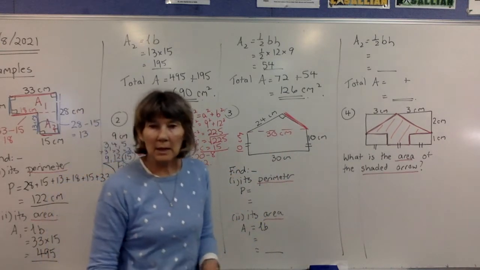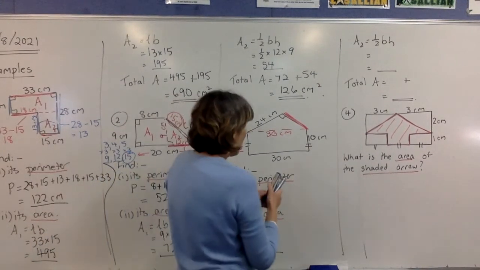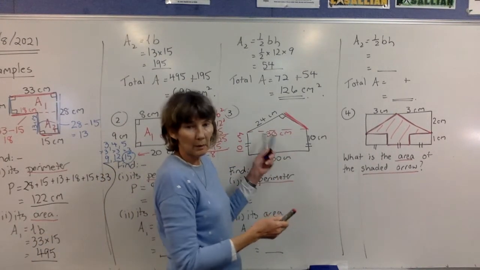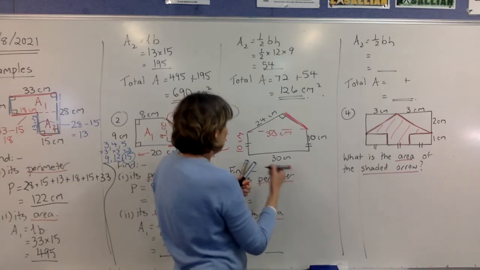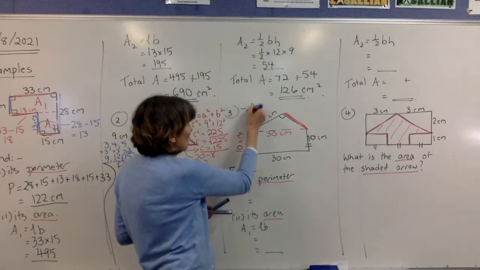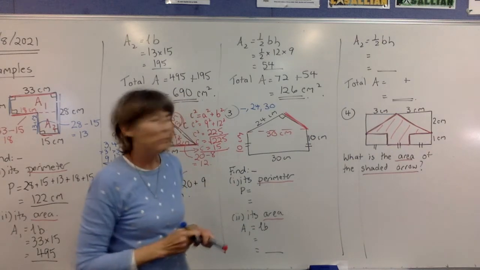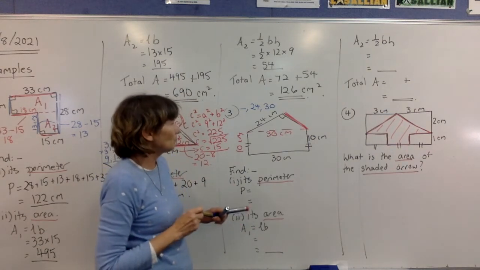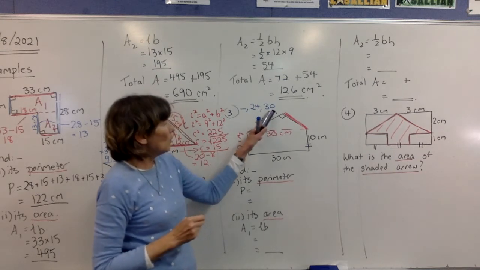So let's see how many of you can see if this is a triad or not. So we've got a short side we're looking for here. The hypotenuse we know. So if we have a think about it, let's have a look. We have something, 24, 30. Let's see if that works out to be anything. They're all multiples.